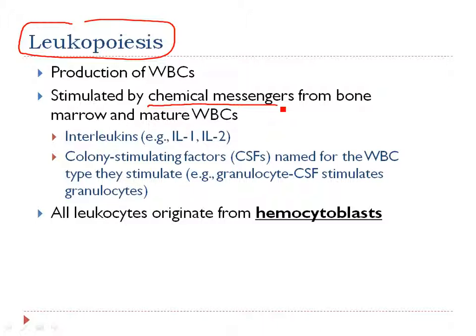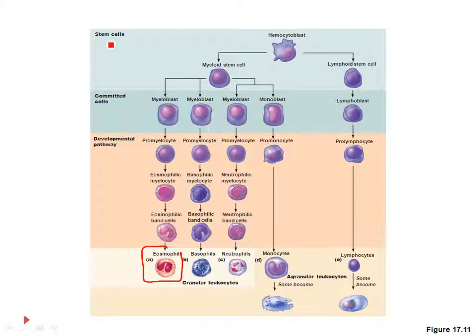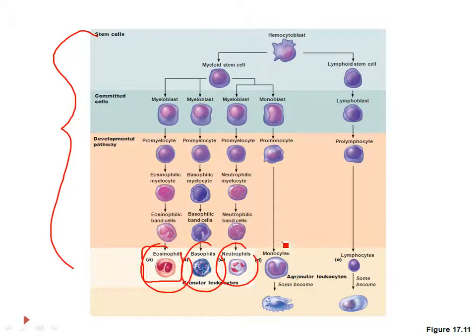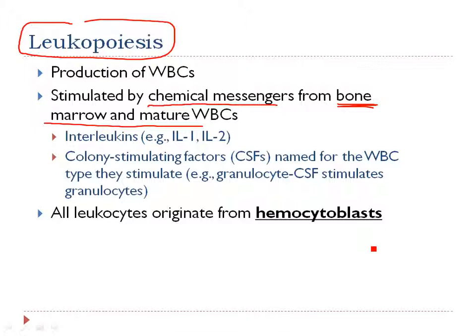Those will travel to the bone marrow. And when they arrive in the bone marrow, different chemical messengers will cause different amounts of these mature white blood cells to specialize and develop in the bone marrow depending upon your needs.